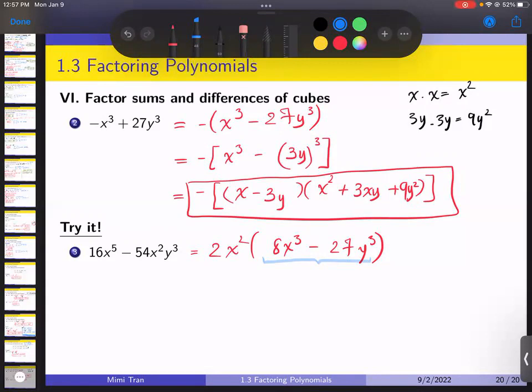Oh, this is okay. So I'm going to... something. Step by step like I did. See how I rewrite the 27y cubed to 3y parentheses cubed? Do the same with these two.